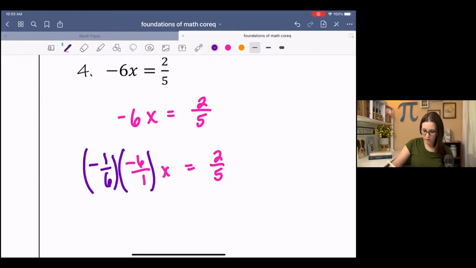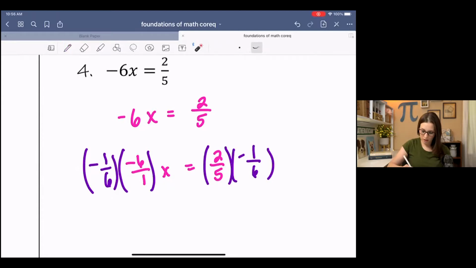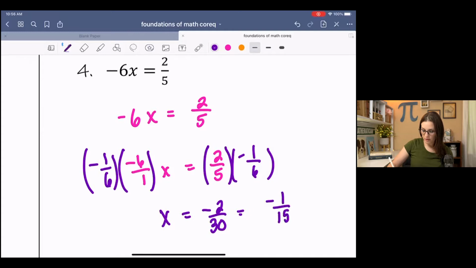We just flip the fraction on both sides. Don't forget that. And then on the left side, we end up with +6/6, which is 1, the identity for multiplication. And then on the right side, we have -2/30, which reduces to -1/15. And that is all.